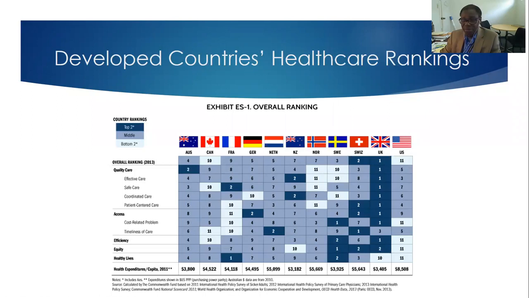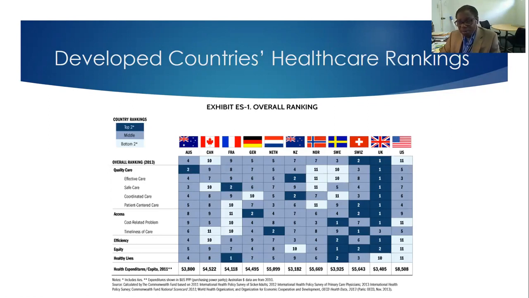The US is on the far right. For color coding, dark blue is the top tier. Light blue is average, and white is the bottom tier for ranking. This chart is based on 2013 data from the Commonwealth Fund.